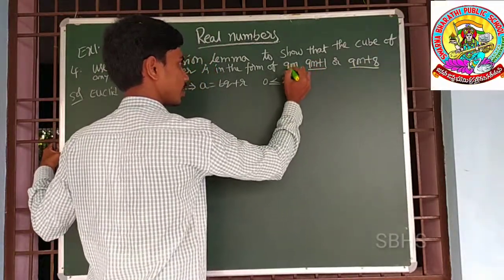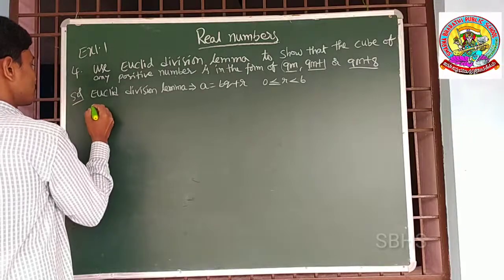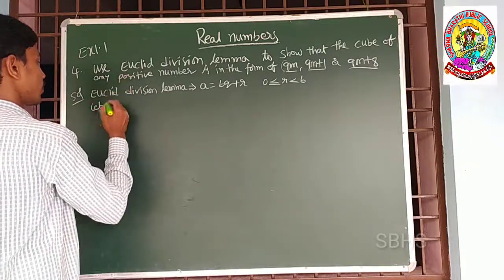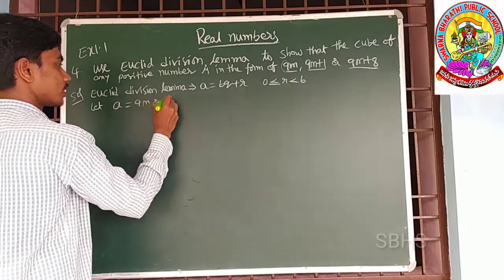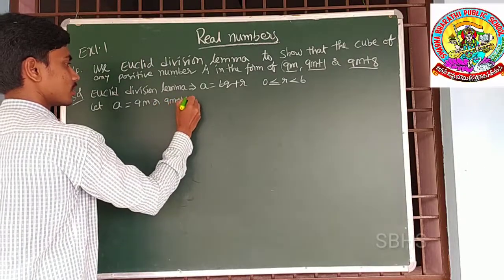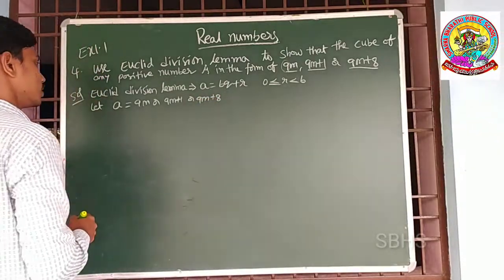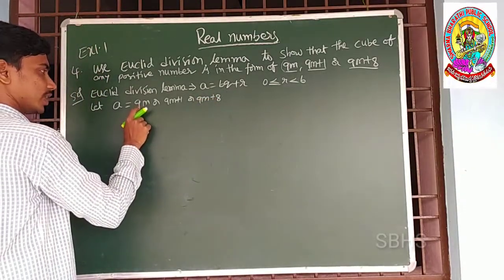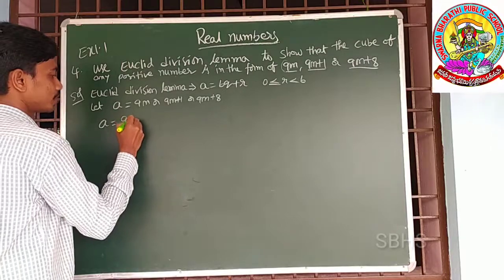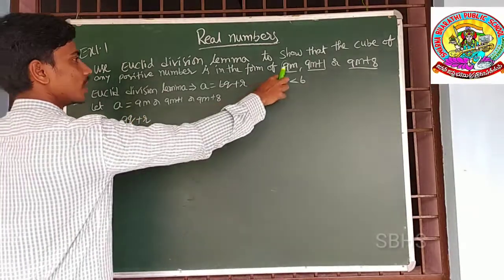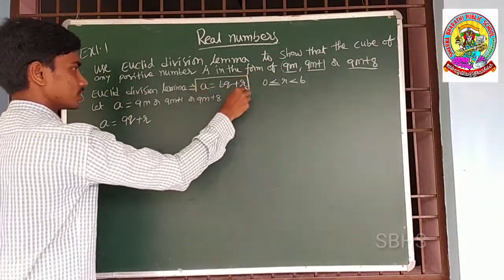Here b is 9. Let the positive integer a be equal to 9m or 9m plus 1 or 9m plus 8, which you have to show. Now let's take a equal to 9q plus r, because we take b equal to 9 and place it in the place of b.